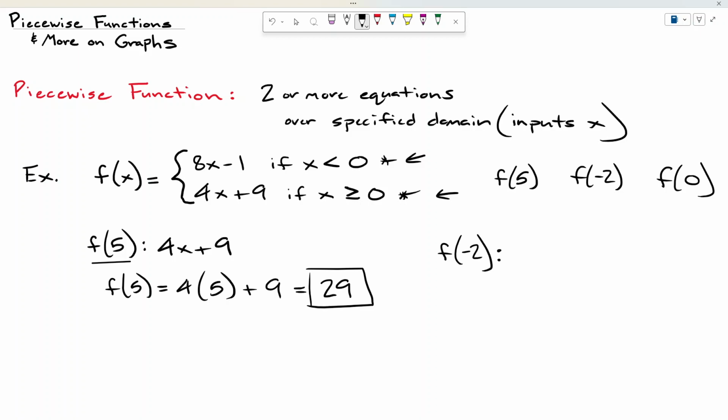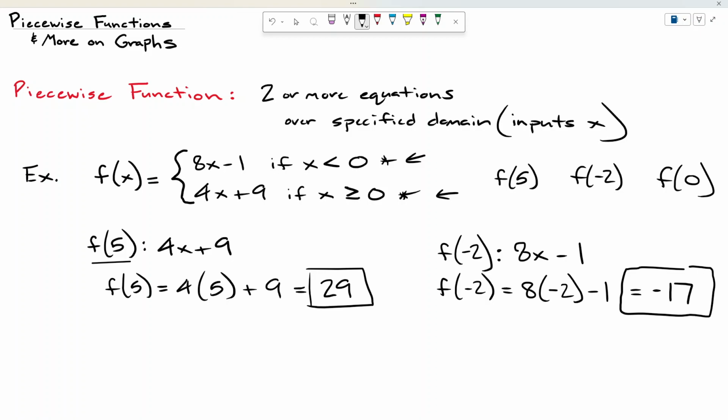So it looks like we will be using the top equation, the 8x minus 1. So f of negative 2 equals 8 times negative 2 minus 1, which equals negative 16 minus 1. So we have negative 17 for that one.